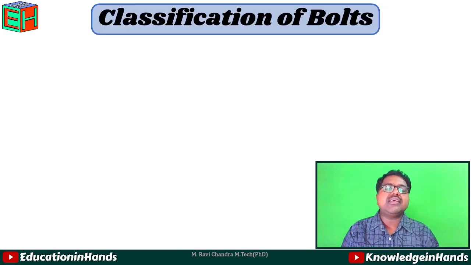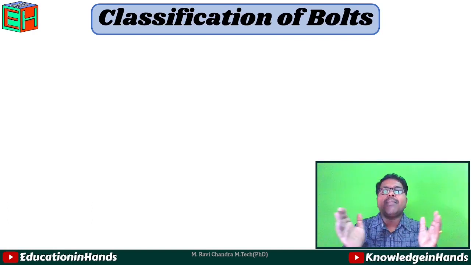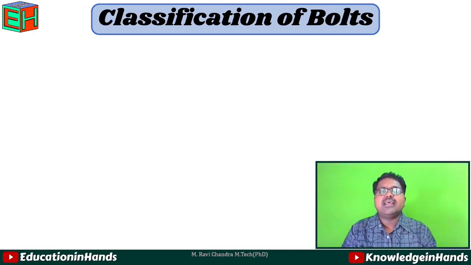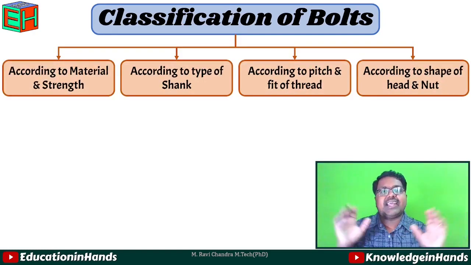Then if we see the classification of bolts, according to clause 2.4 of IS 800, they specified different codes are provided for different classes of bolts. So if we combine together and segregate, the total classification of bolts are divided into 4 categories.